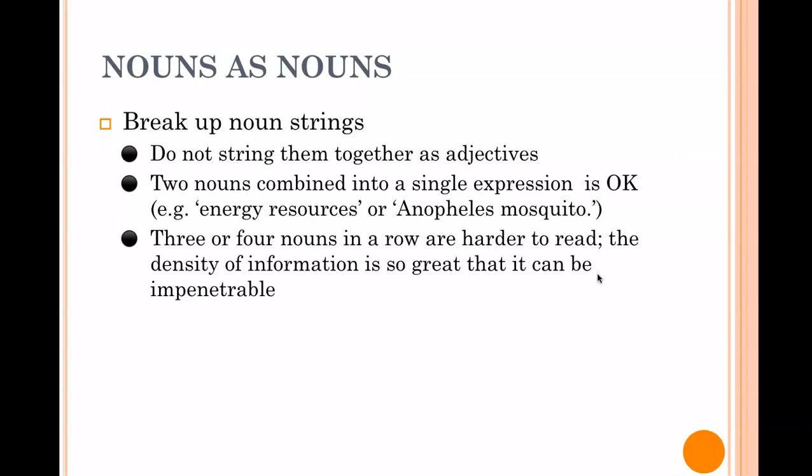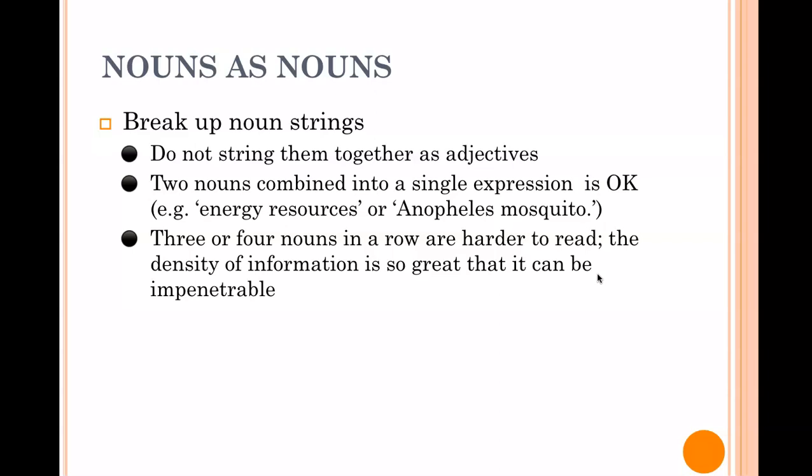Nouns are nouns. Break up a noun string. Do not string them together as adjectives. Two nouns combined into a single expression is okay, like "energy resource." Three or four nouns in a row are hard to read and not easy to interpret. The density of information is so great that it can be impenetrable.